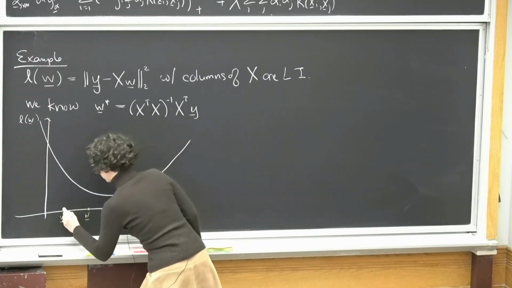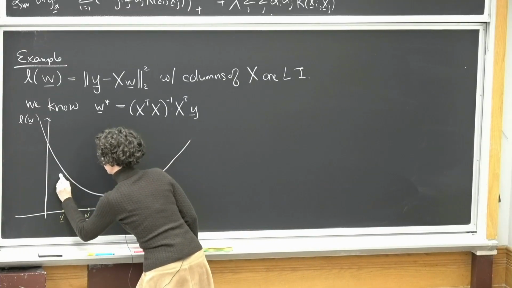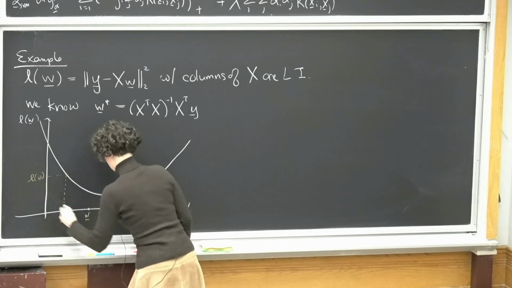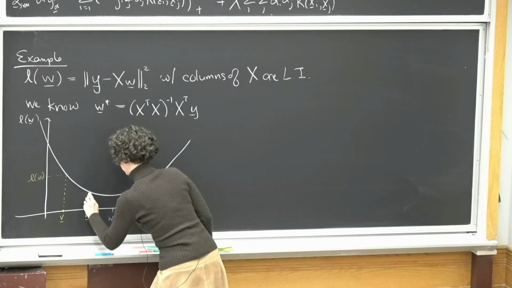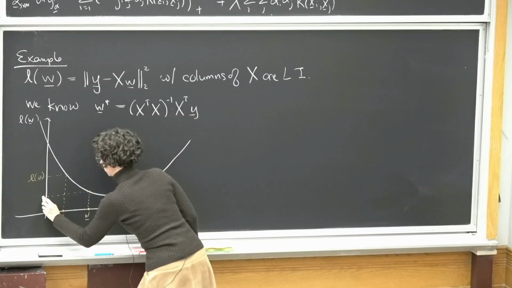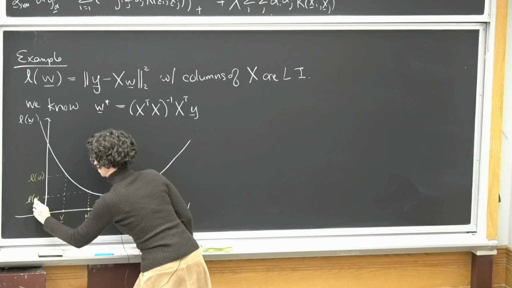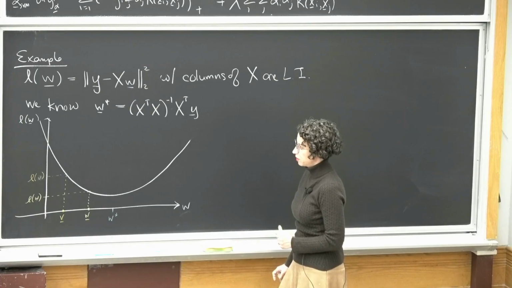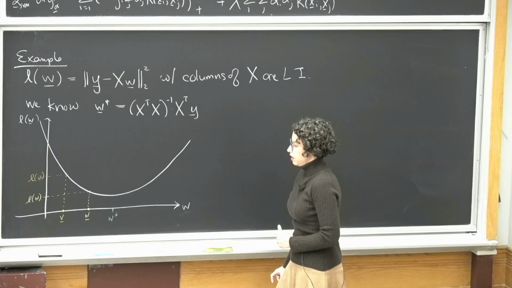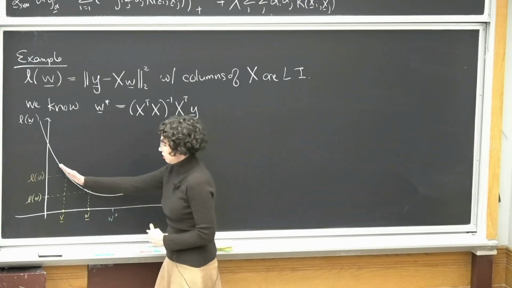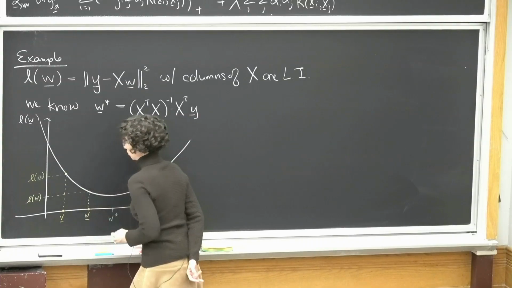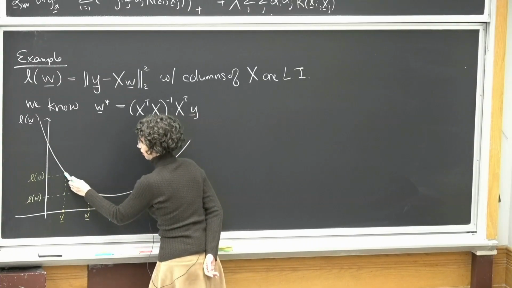And for V, I can look up here, and this is L of V. And I can also look up here, and this is my loss at point W. Okay, so I've got 2 points and 2 losses. And now I'm going to draw a tangent line right here at V.